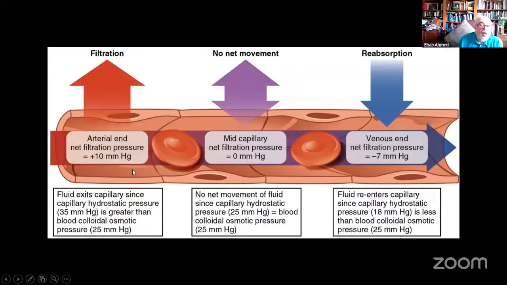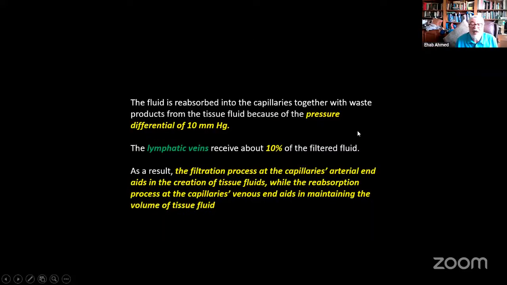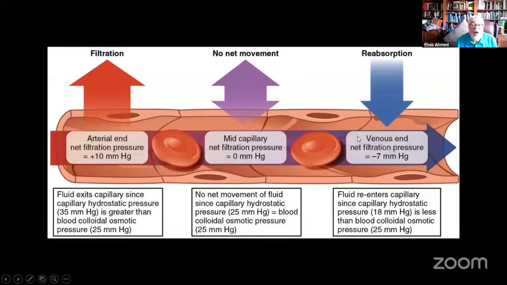So at the arterial end, the hydrostatic pressure is around 35 millimeters of mercury, and the oncotic pressure is 25. So the difference is 10 in favor of filtration. On the venous side, the opposite occurs. The difference is -7, allowing for reabsorption. And the rest is to be taken care of by lymphatics.